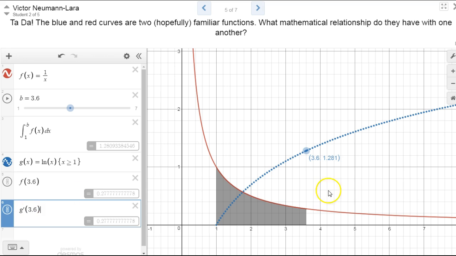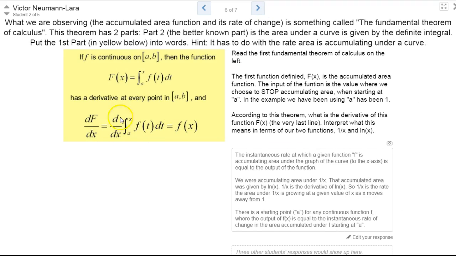The rate of change in accumulation of area is equal to the height of the function that the area is accumulating under. And that's exactly what the fundamental theorem of calculus is telling us.